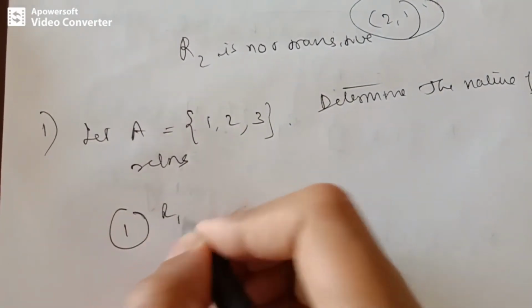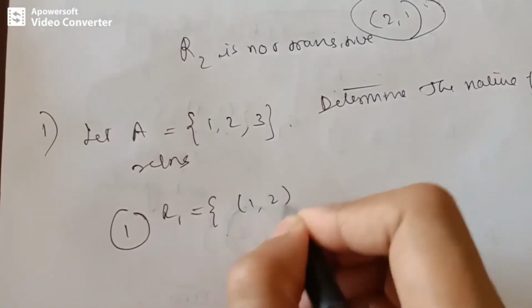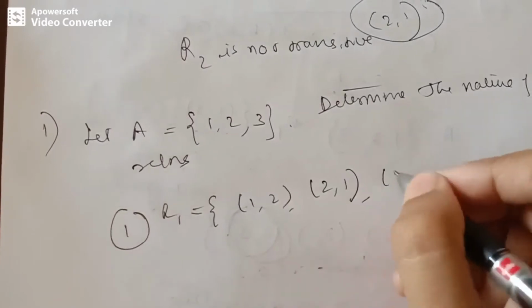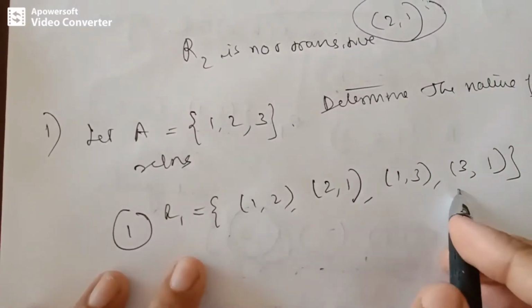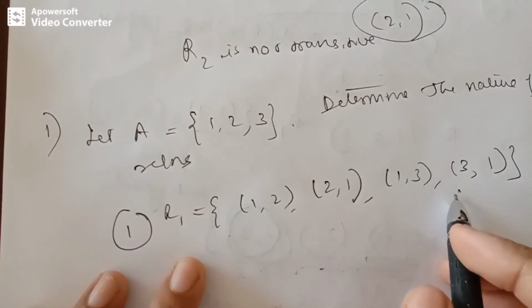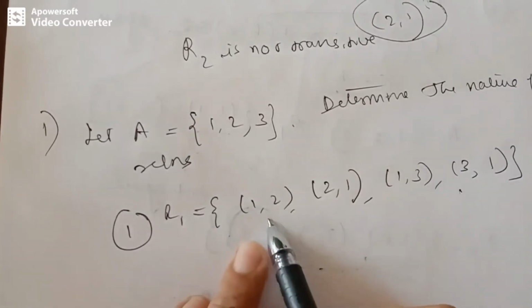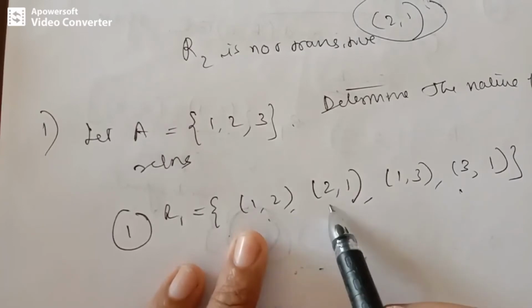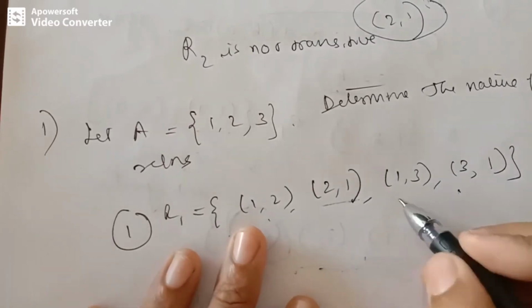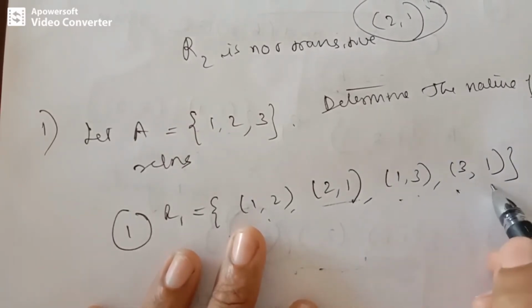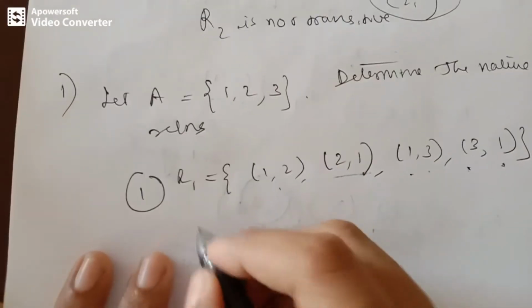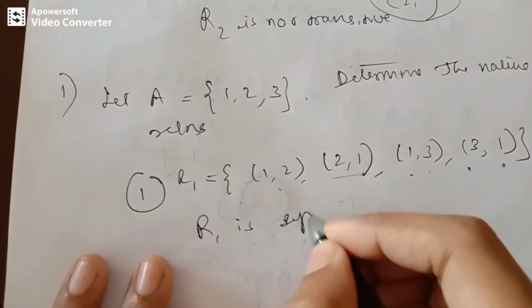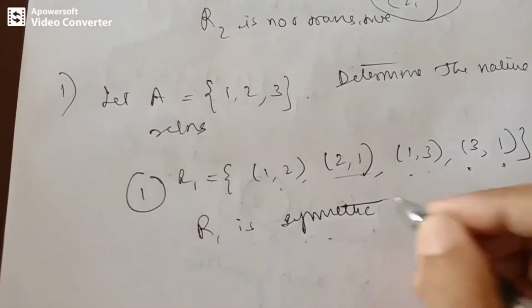Let's take the first example where R1 is given as (1, 2), (2, 1), (1, 3) and (3, 1). So, what kind of relation is this? You can observe whenever A comma B belongs to R, I have B comma A belongs to R. So, we can say that relation R1 is a symmetric relation.